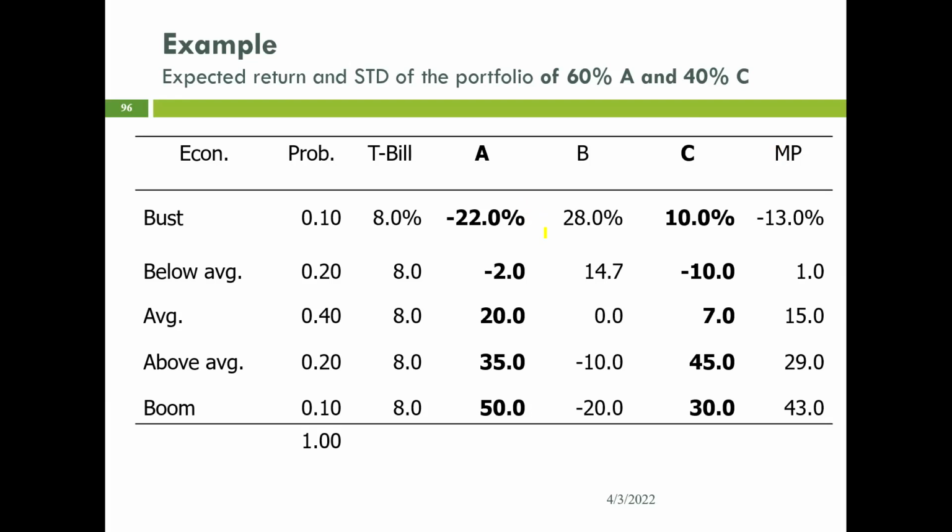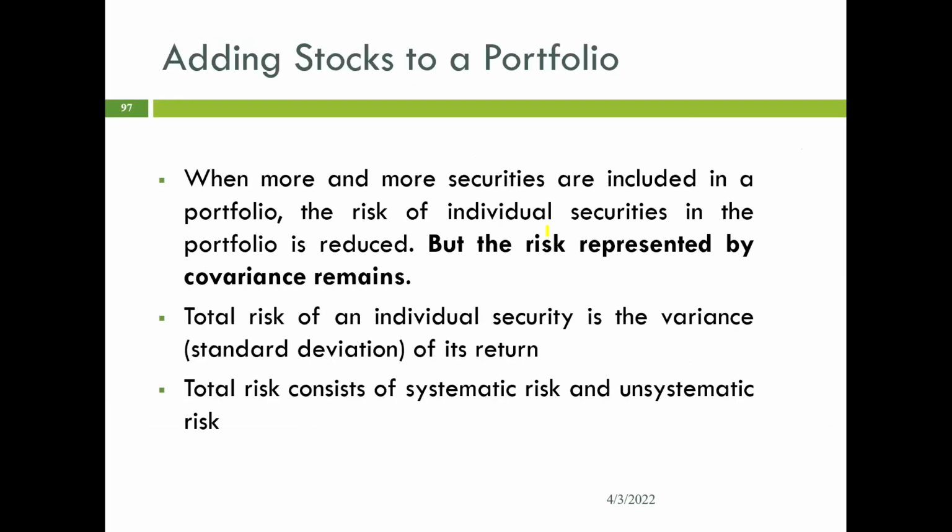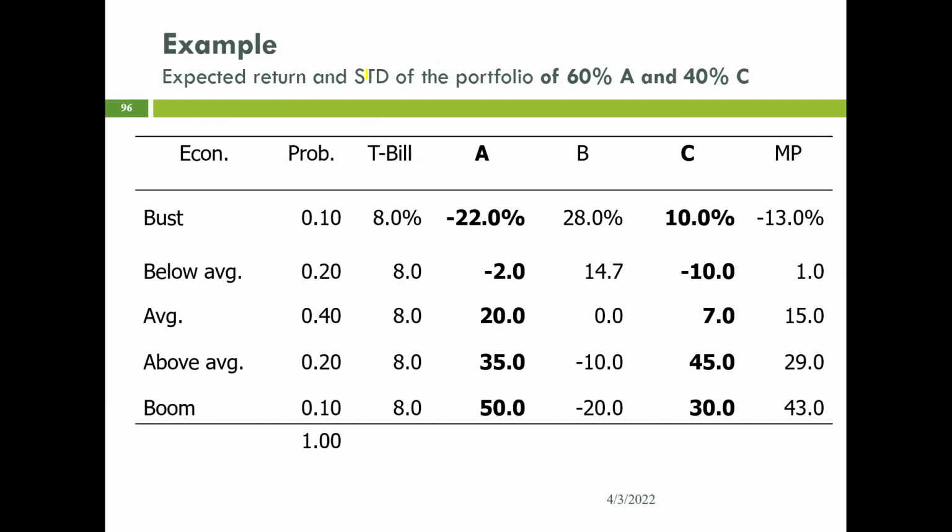Now here, expect a return and standard deviation of the portfolio of 60% stock A, 40% stock C. If you construct a portfolio investing 60% of your wealth in stock A and 40% of your wealth in stock C, you have to construct a portfolio, because based on the discussion we conducted up to now, you can do that.